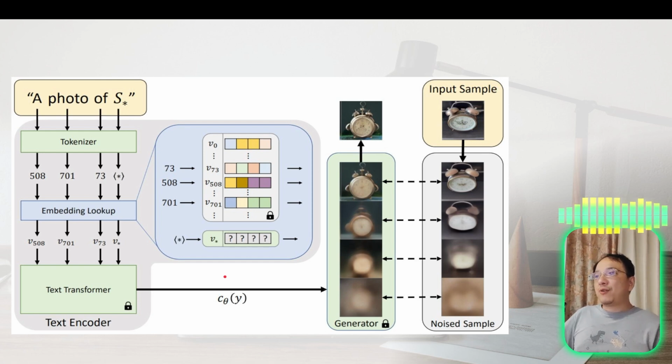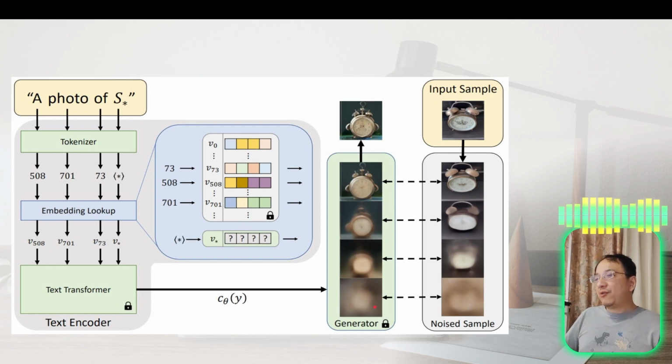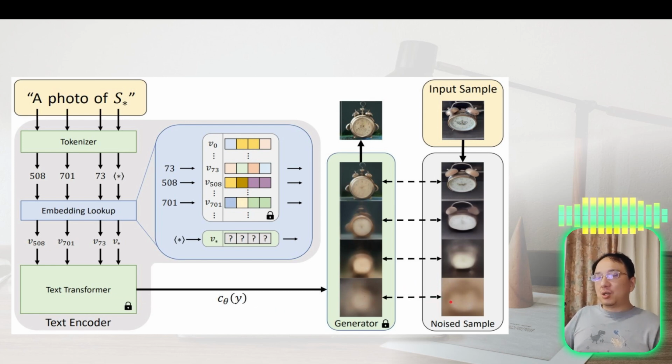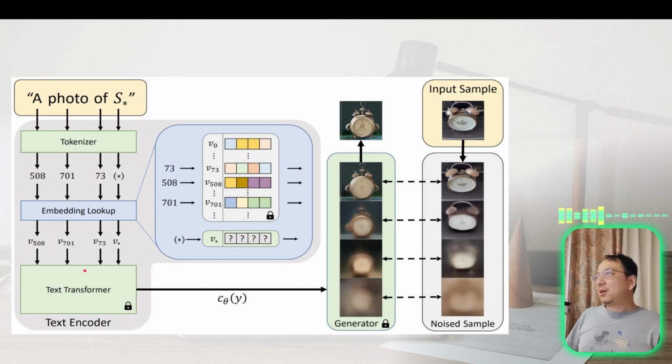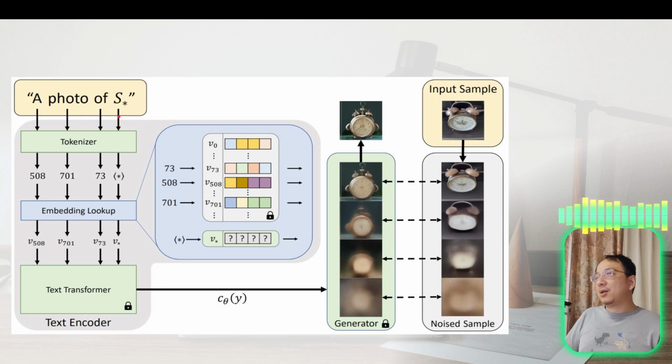So the idea is straightforward. We run the diffusion process and we fix almost everything. We fix the text transformer. We fix the denoising sampler. We fix everything except the entry of the embedding of S star. We only train the embedding of S star.